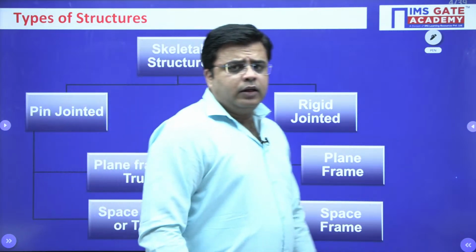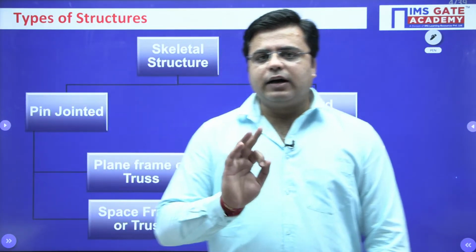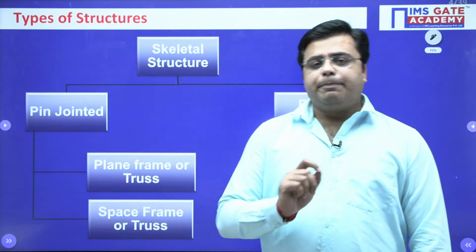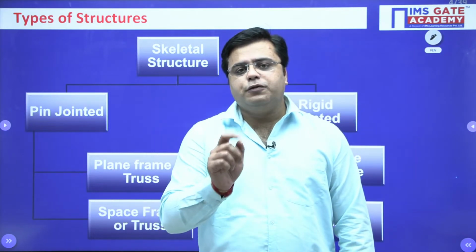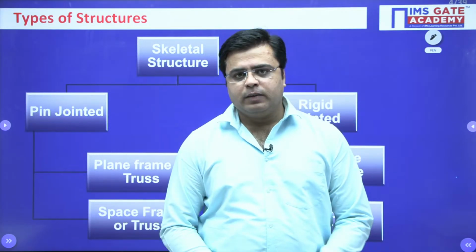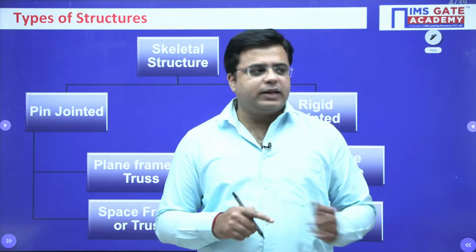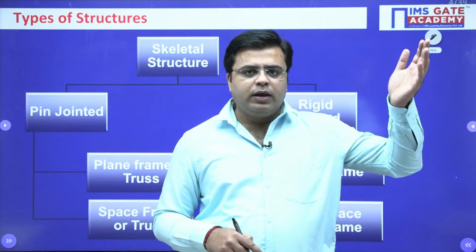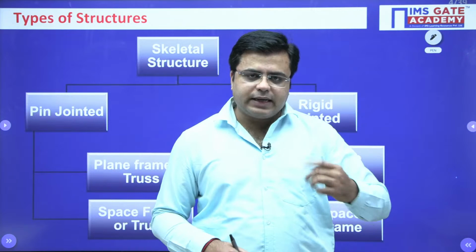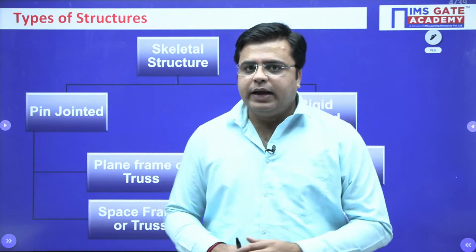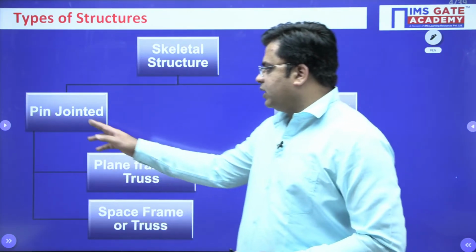Now, these skeletal structures are further of two types depending upon the type of joint by which they are connected. If a skeletal structure, that is a beam or a column, is connected by a pin, it is known as a pin jointed structure.